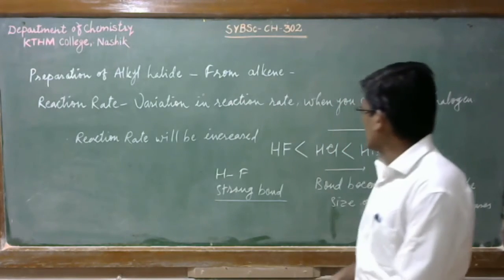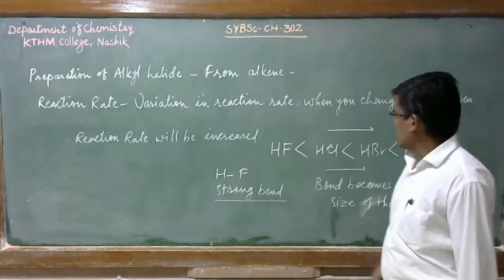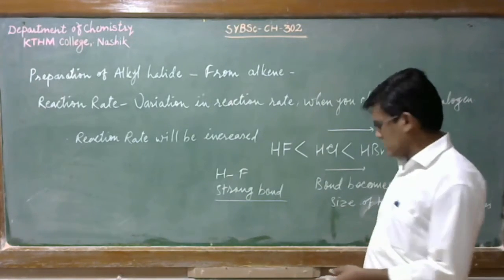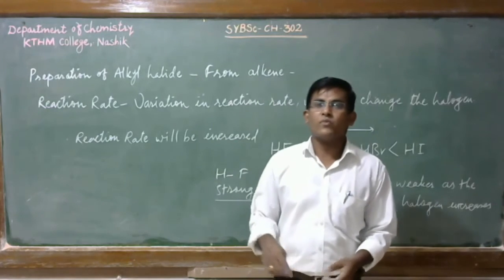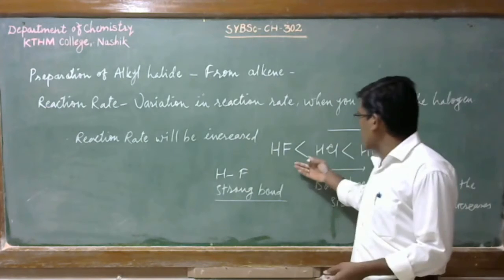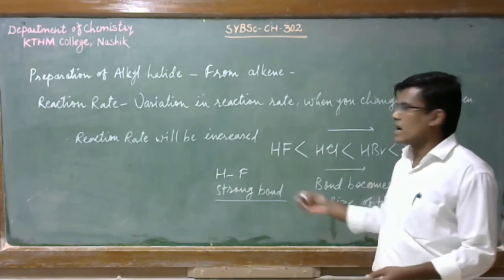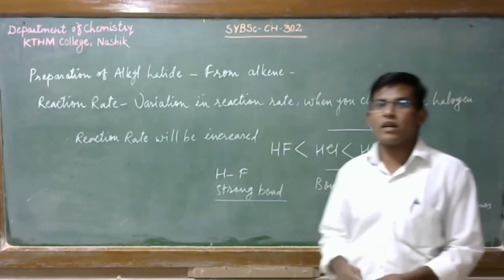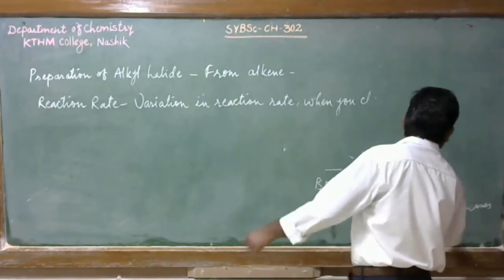Here we can see the size of the halogen increases, and because of that the bond becomes weaker. Because the bond becomes weaker, the reaction rate will increase.